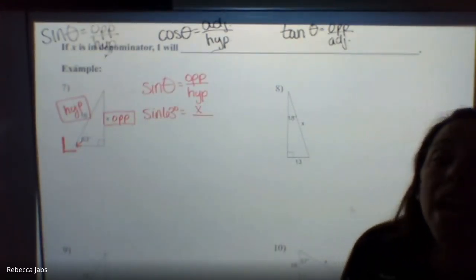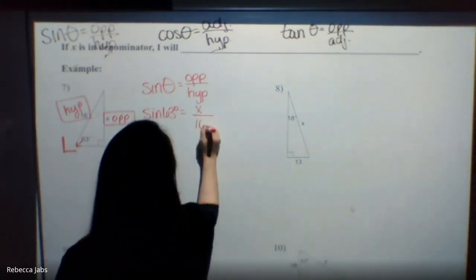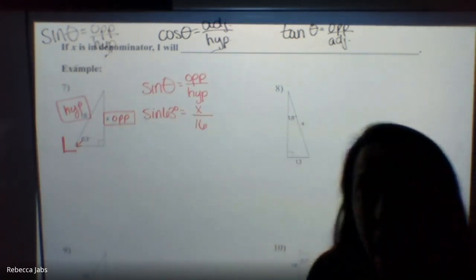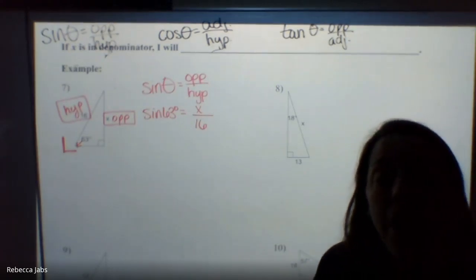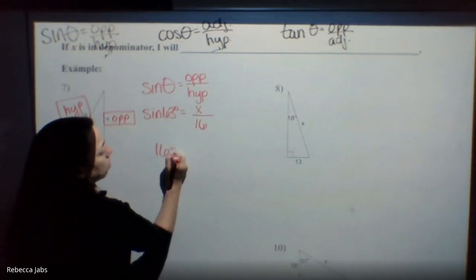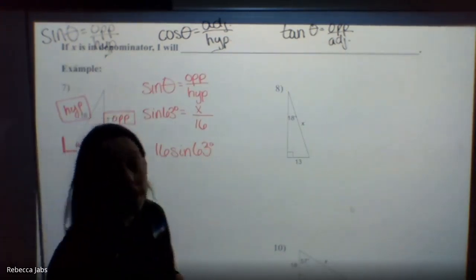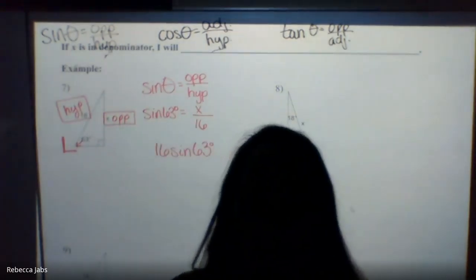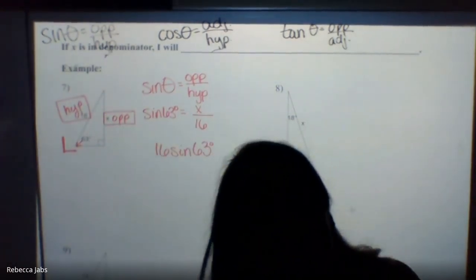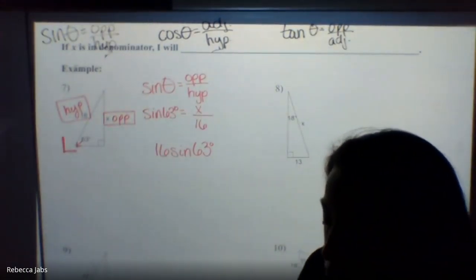Uh-oh, hint from before, X is in the numerator. And that means my hypotenuse is 16. So I'm going to divide by 16. Is X in the numerator? Yes, it is. That means to get my answer, I'm going to use my calculator to type in this. Now, I'm about to type it in Desmos. If people are using different types of calculators, you might want to hang out in the Google Meet after I say we're done and we are excused.